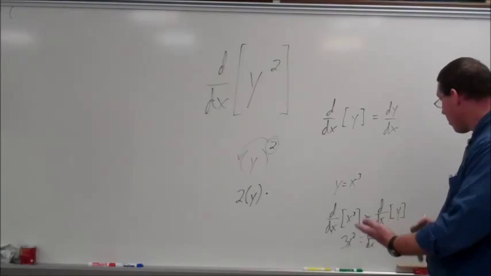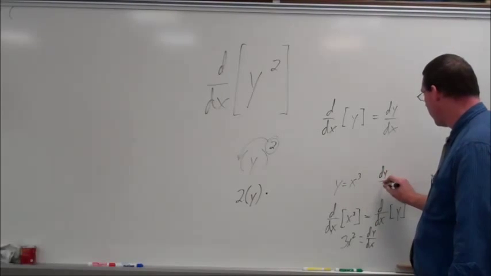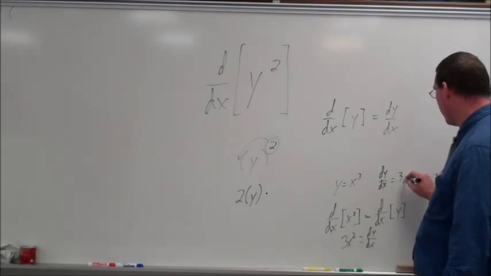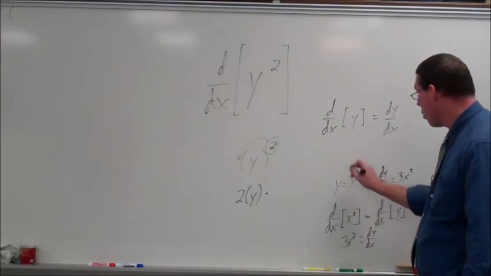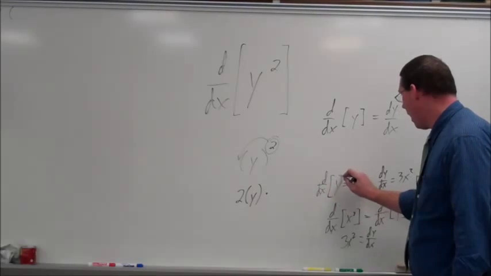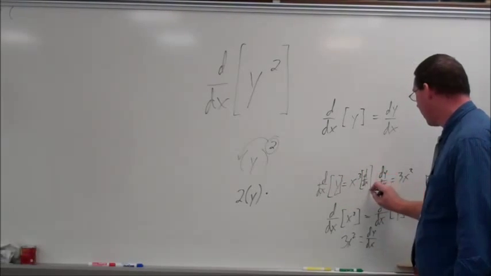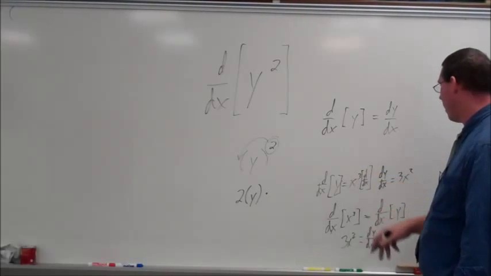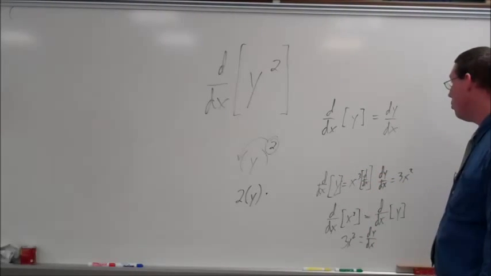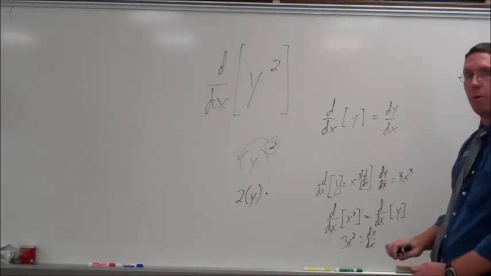In other words, if y equals x cubed, then dy dx is equal to 3x squared. And the way that happens is we take d dx of y and d dx of x cubed, and we get dy dx is equal to 3x squared.